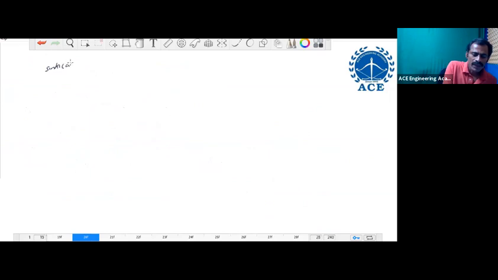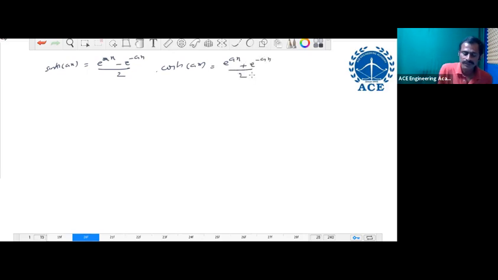Sin h ax equals, in terms of exponential, e power ax minus e power minus ax by 2. Cos h ax equals e power ax plus e power minus ax by 2. Now, cos h root b x equals e power root b x plus e power minus root b x by 2.